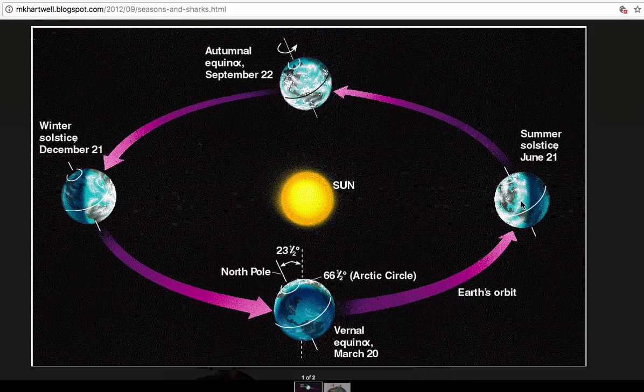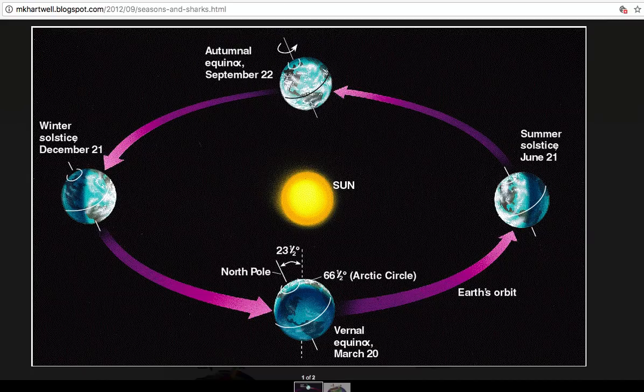You might be inclined to think because it's closer. That's actually not true. In the Earth's orbit, it's actually furthest in June. So it doesn't have to do with the distance from the planet to the star. It has to do with the type of sunlight that it's getting. So I'm going to jump back here.